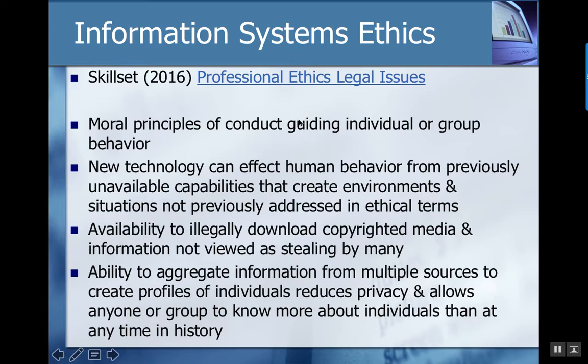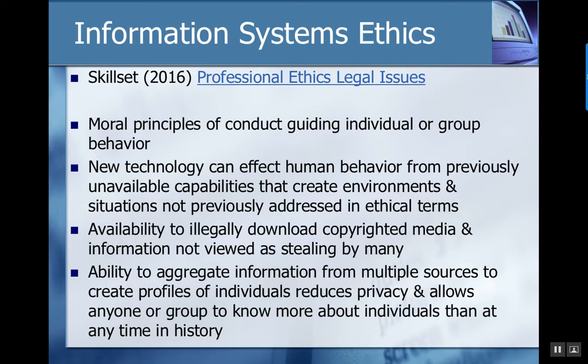Okay, so some definitions here. The definition of information systems ethics. If we look at this link here, skill set, professional ethics, legal issues. One of the definitions we have of ethics is moral principles of conduct guiding individual or group behavior.